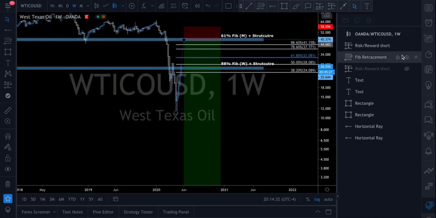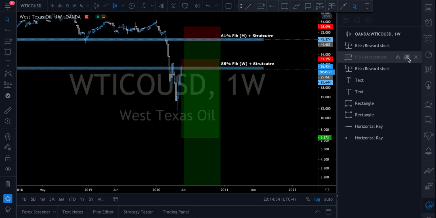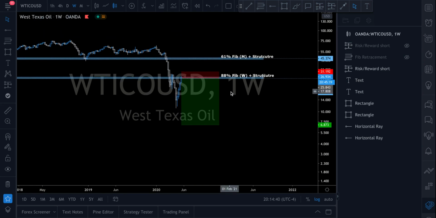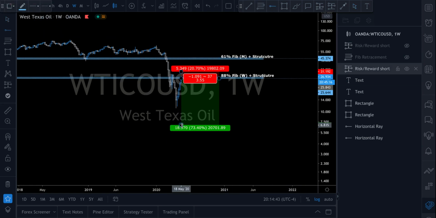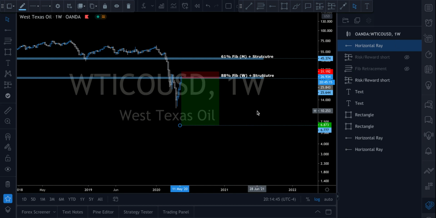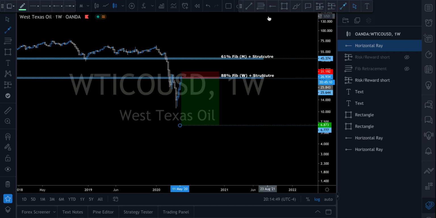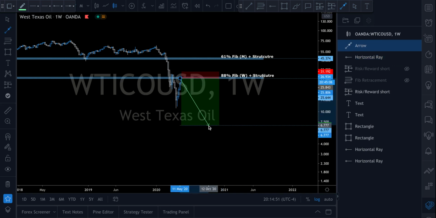So in that instance, we can remove the previous one, set up our targets, and based on how price is going to behave and respond in this area, we can start looking for shorting opportunities here.